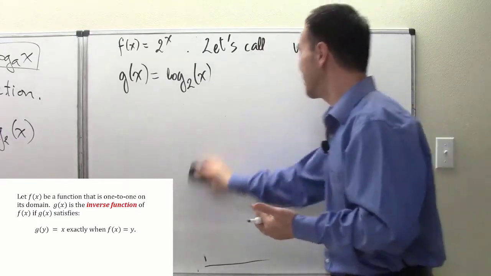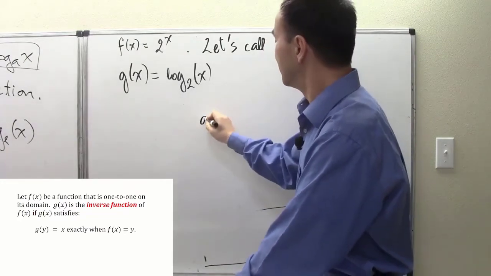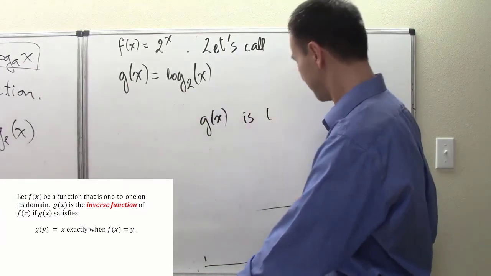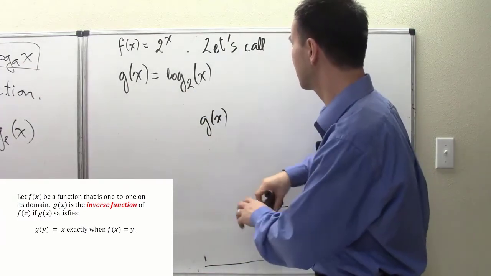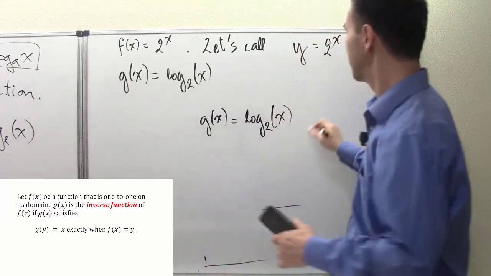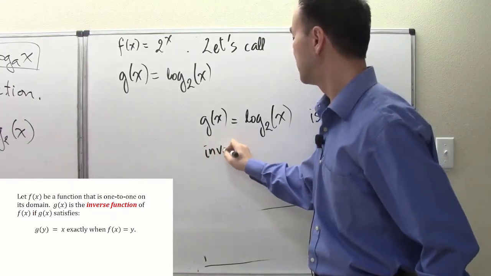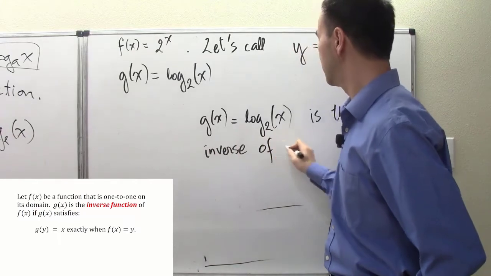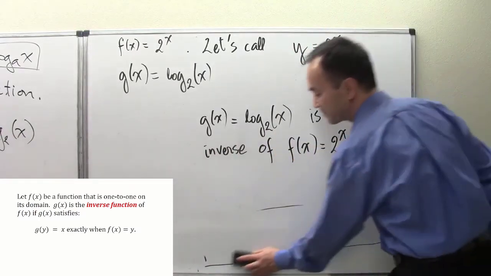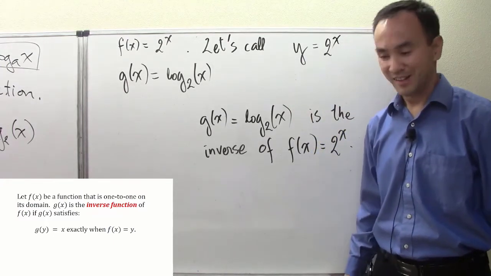Now we have enough evidence to say that g of x, in this case defined as log base 2 of the inputs, that function is the inverse of f of x that was defined as 2 to the x. That's how it happens. All right.